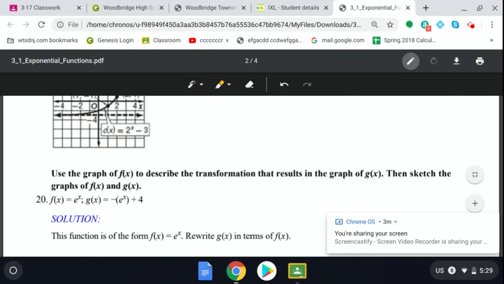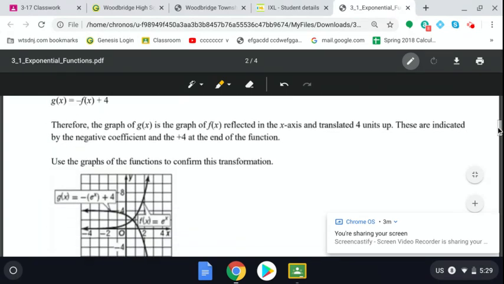So instead of the horizontal asymptote being 0, it's going to be positive 4. So if you put this on the calculator, it's going to go like this. So it's a reflection, and the horizontal asymptote is going to be positive 4.